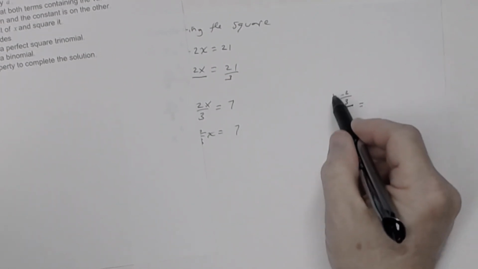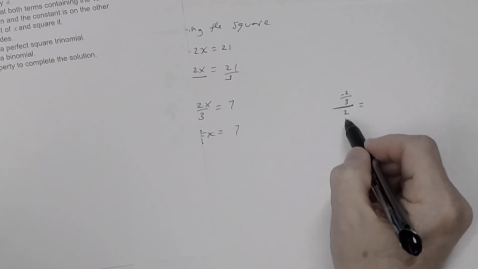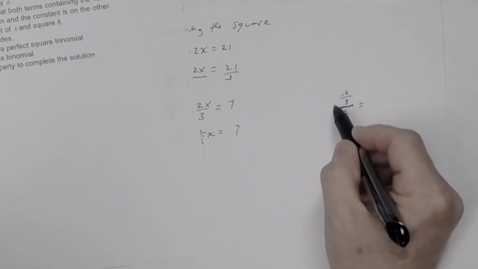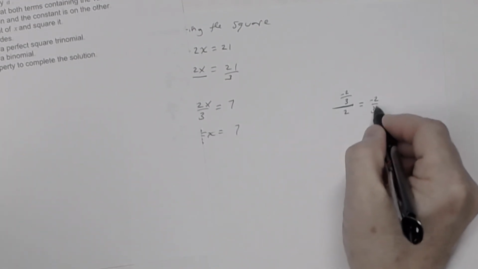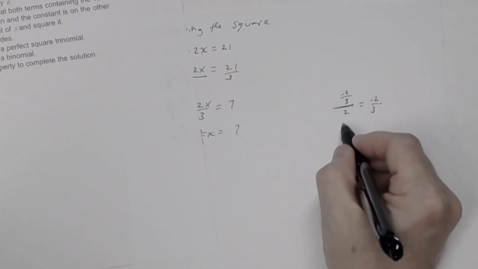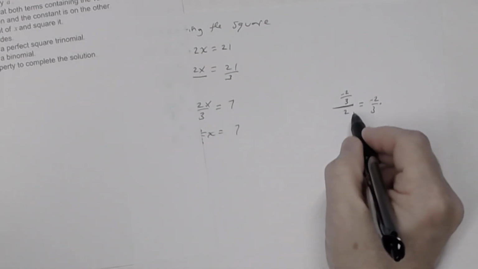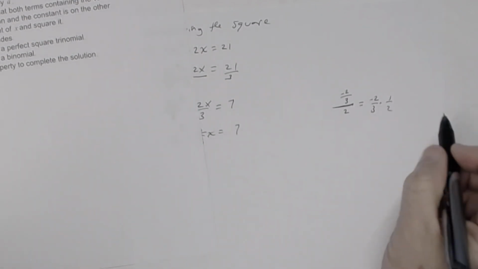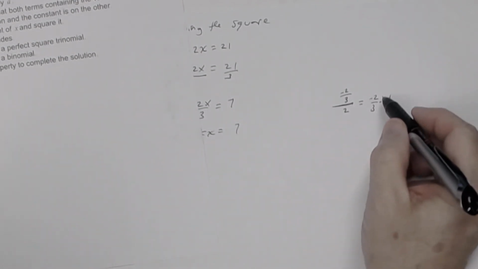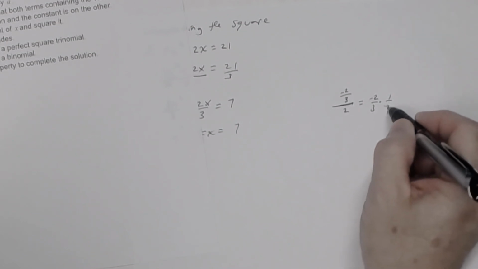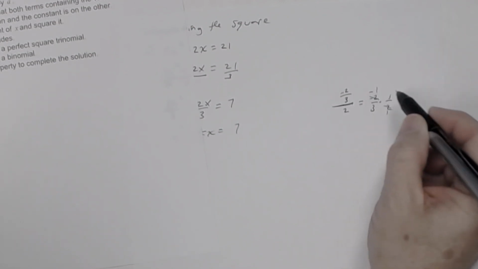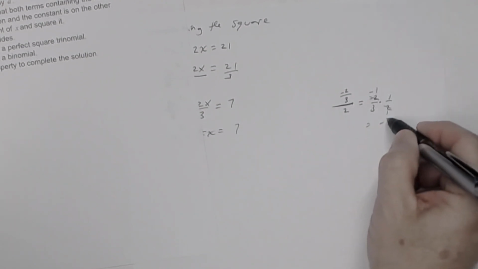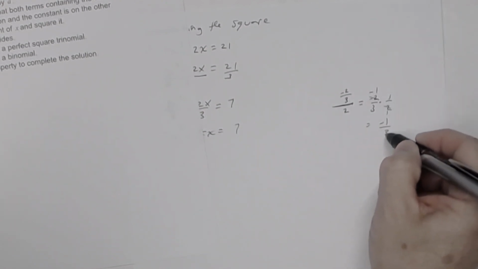Negative 2/3 divided by 2 means the same thing as multiplying the numerator by the reciprocal of the denominator. The reciprocal of 2 is 1/2. Simplifying, the 2 goes into 2 one time, and 2 goes into negative 2 negative one time, so I get negative 1 times 1 is negative 1, and 3 times 1 is 3.